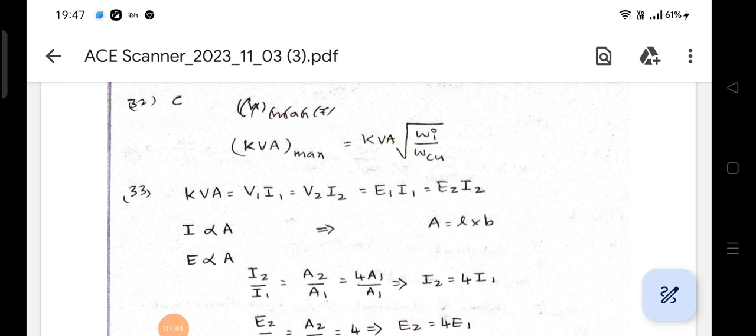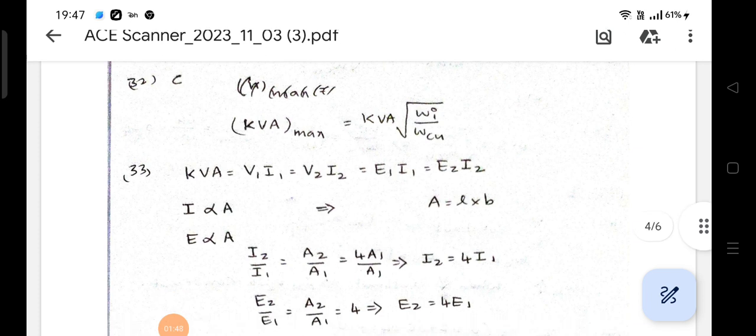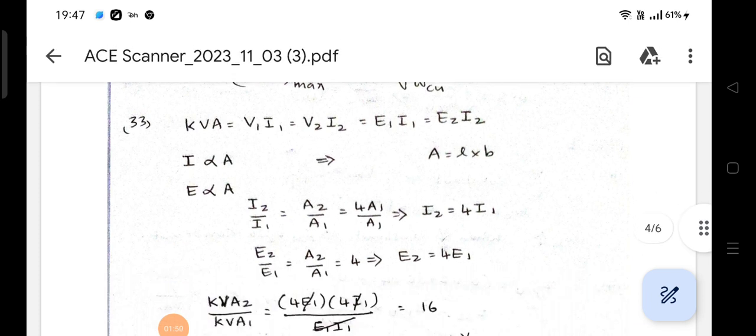Already we know that the current carrying element is directly proportional to area of cross section. From the EMF equation of a transformer also, induced EMF E is equal to 4.44 f N1 Bm A, so induced EMF also depends upon area of cross section. From the current equation, I2 by I1 is equal to A2 by A1. Area is nothing but length into breadth.